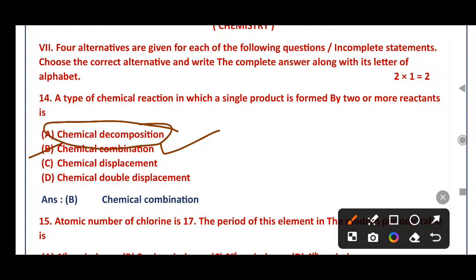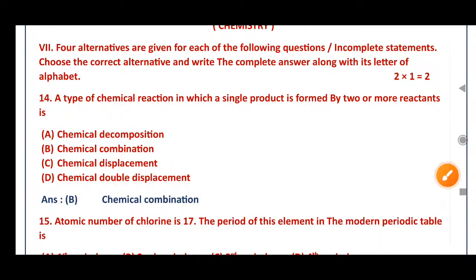A highly reactive element displacing a less reactive element is called chemical displacement. Two compounds reacting and interchanging their ions, giving two new compounds, are called double decomposition or double displacement reactions. So in this question the answer is option B, chemical combination.